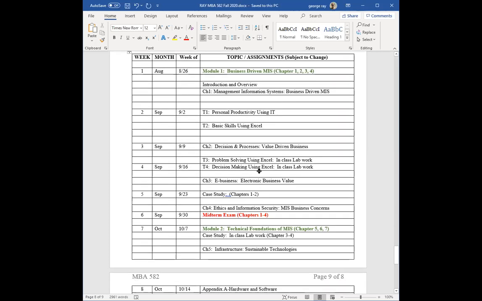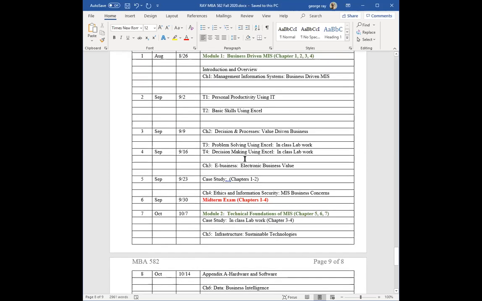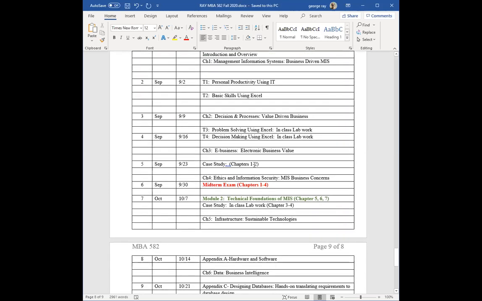Next week, we're going to be starting our tech plugins, and we'll learn the basics about Excel, and also the basics about using a computer in management information systems. Then the week of September 9th, we'll get into chapter 2, decisions and the value of data-driven decisions.